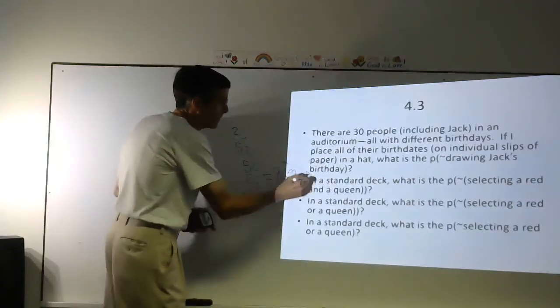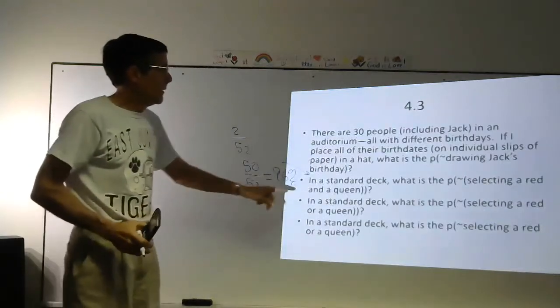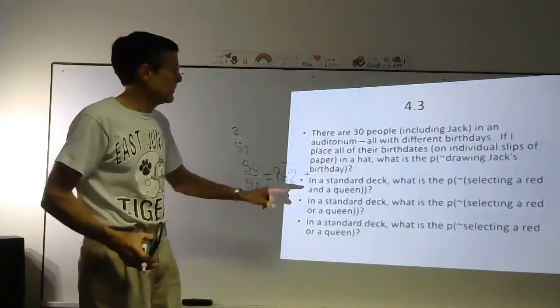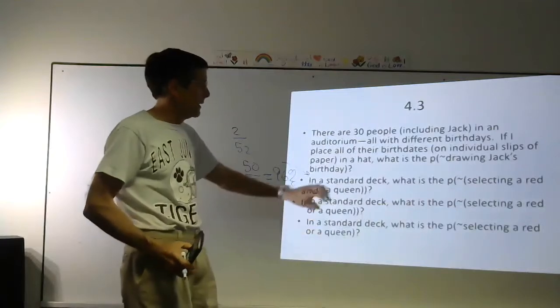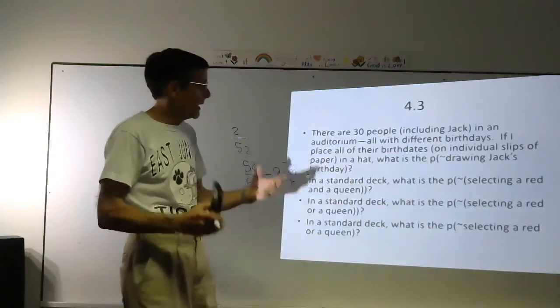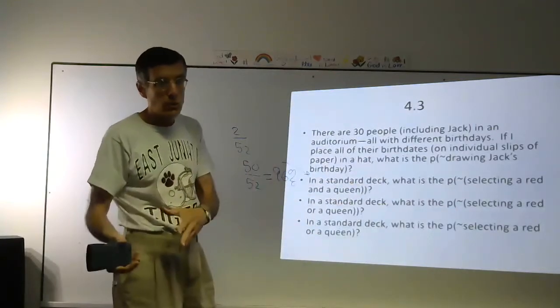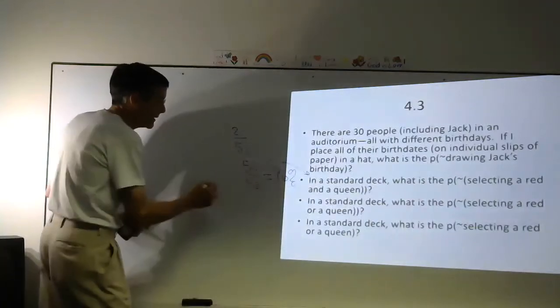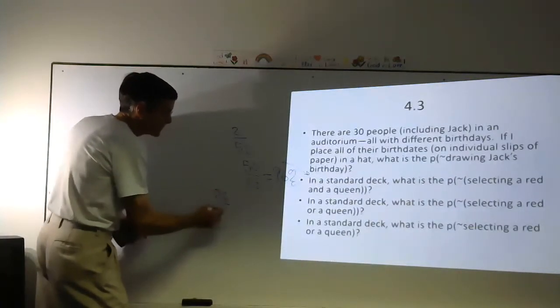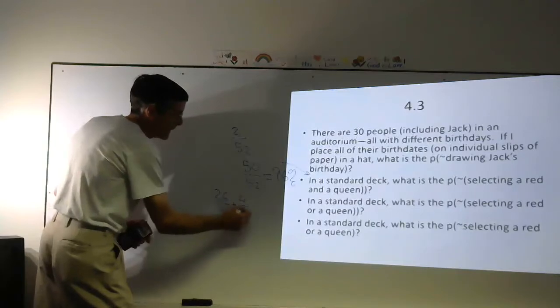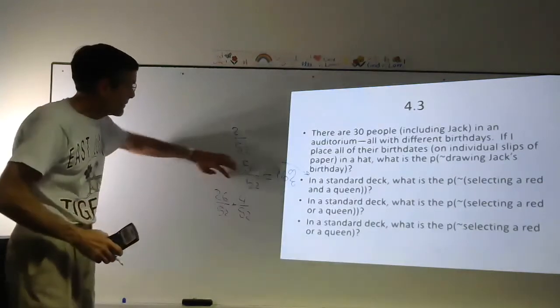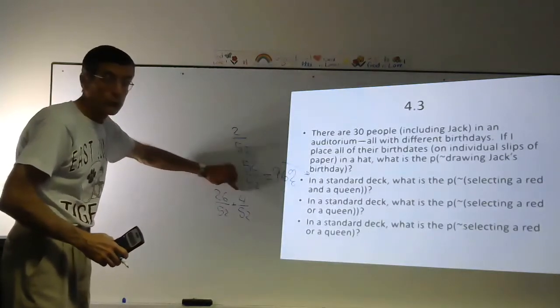for this one, okay? What is the probability, now watch your parentheses, of selecting a red or a queen, inner set of parentheses, a red card or a queen. Half the deck is red. 4 queens in a standard deck, but I've counted the red queens in both groups.